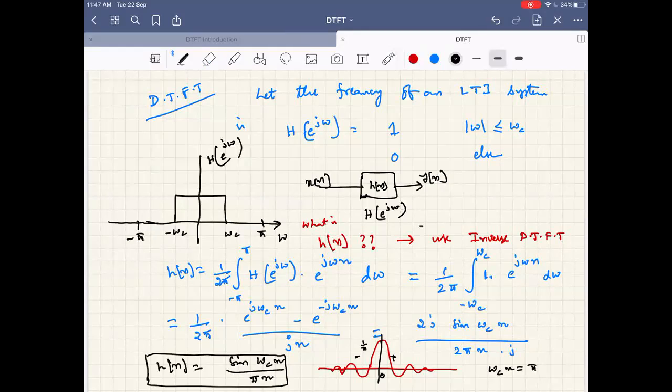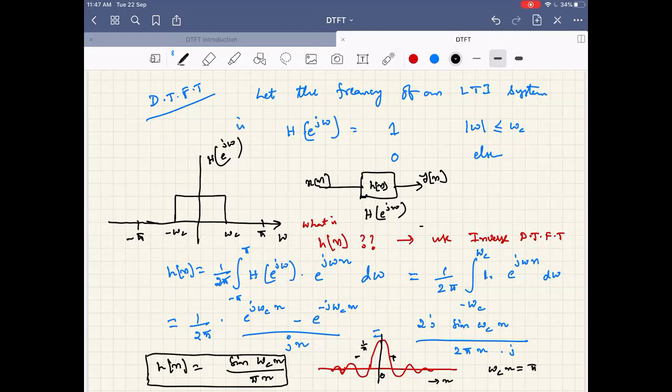As you know, this is referred to as the sinc function, and this extends from minus infinity to plus infinity. Whereas the time domain function extends from minus infinity to infinity, the frequency domain information is only between minus omega c to plus omega c.